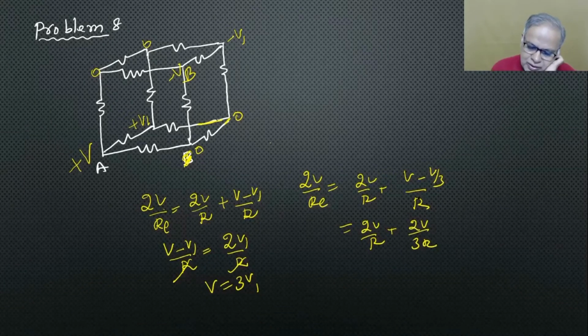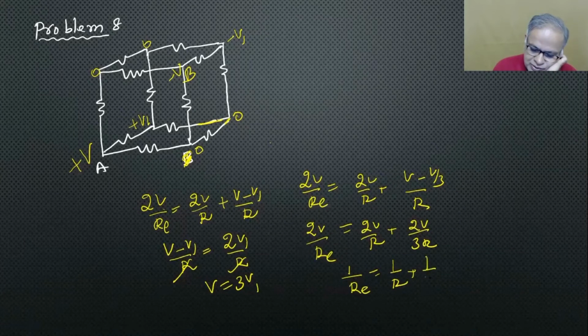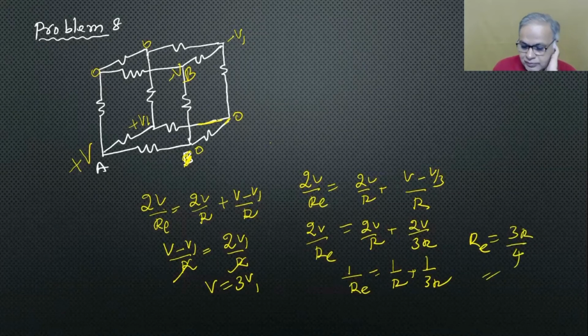Is it okay? So what do I get now? 1 by R effective equals 1 by R plus 1 by 3R. Is it okay? So R effective equals how much? 3R by 4.